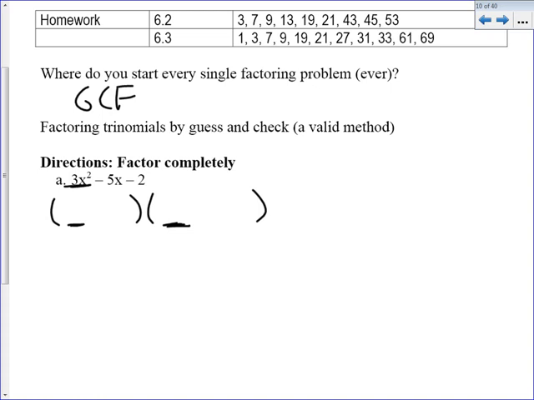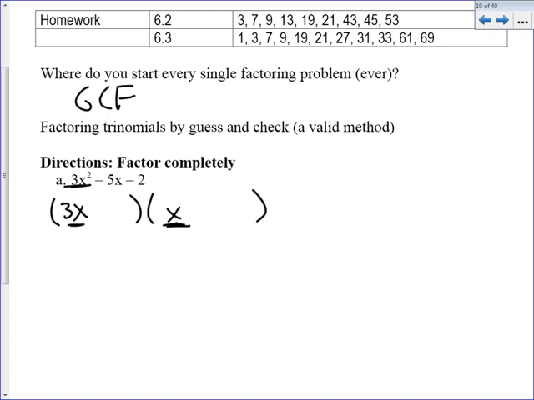Generally you put the one that has the higher number first. So 3x times x gives me 3x squared. If I were to FOIL this, 3x times x gives me my 3x squared. Now, if you're getting lost here, that's okay. We're going to do a method that's much better than guessing and checking. I just want to put this out here that this is a possibility.